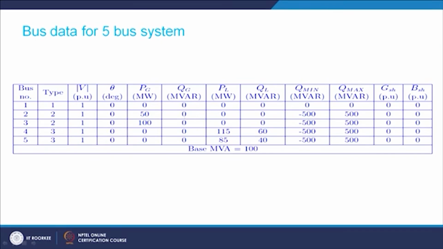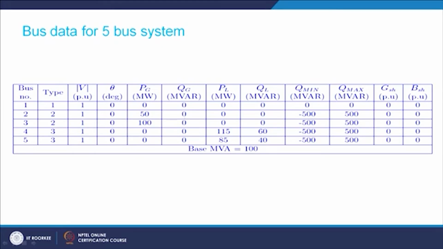Then for bus 2 and bus 3, we have Q min and Q max. Q min is minus 500 and Q max is plus 500. These are not necessary, but they have come anyway, and we have taken base MVA to be 100 MVA.